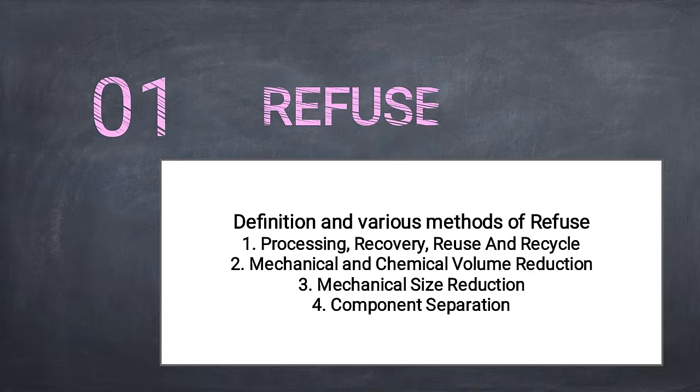Refuse is nothing but the waste which is thrown into a dustbin as unwanted. It also deals with the processing, recovery, reuse and recycle, and mechanical and chemical volume reduction, mechanical size reduction, and component separation. So we'll discuss all these topics further.